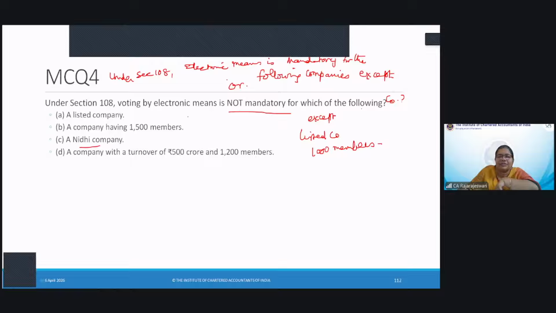So here also it is mandatory. A company with 1,200 members, so more than 1,000, also mandatory. A Nidhi company is specifically exempted. So it is not mandatory for a Nidhi company.